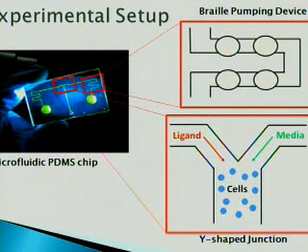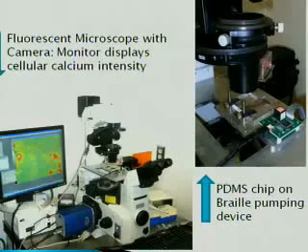Each channel is fed from one of 2 inlets, these 2 round, larger fluorescing circles, and we use a programmable Braille pumping device that moves Braille pins to pump the liquid from the left and the right. And using this program, we can time the pulses such that we pump the ligand from the left and the media from the right in order to create square wave pulses.